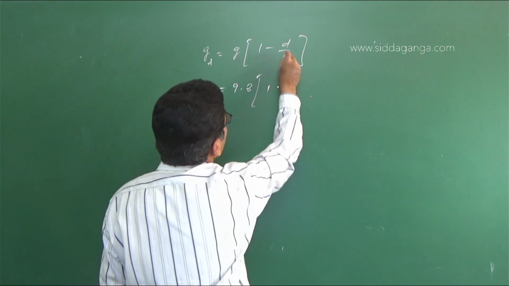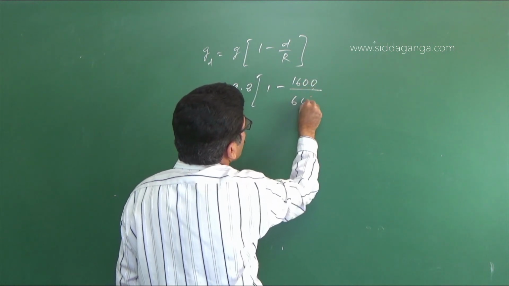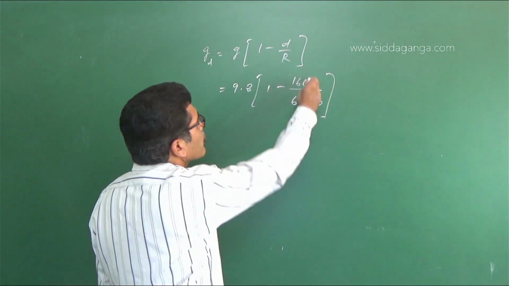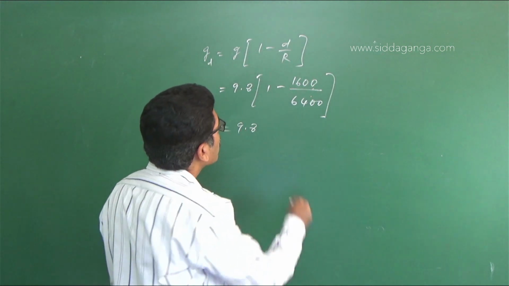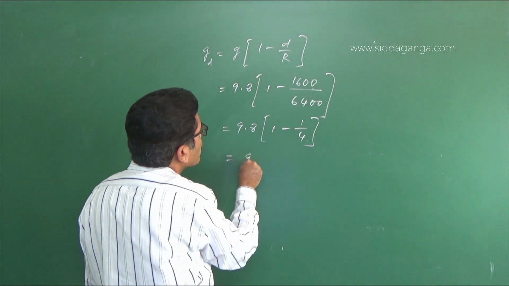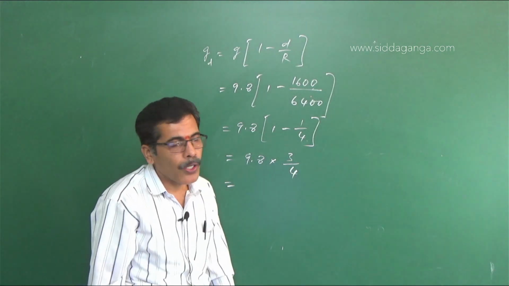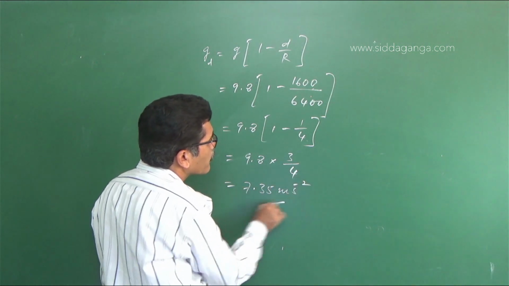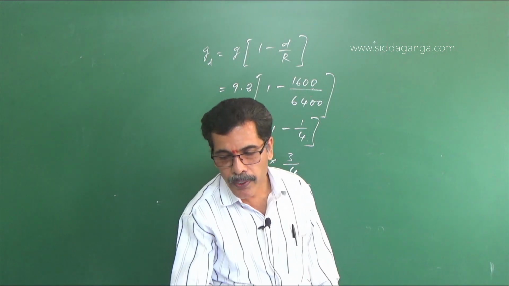Here it is 1 minus d, which is 1600, divided by 6400 kilometer, the radius of the earth. Both are in kilometer, therefore they get cancelled. 9.8 into 1 minus 1 by 4, that is, 9.8 into 3 by 4. This will be around 7.35 meter per second square.